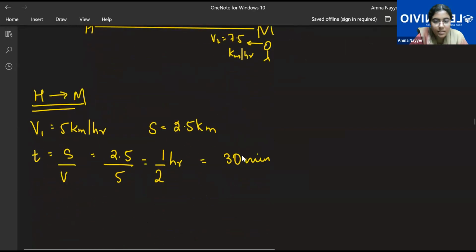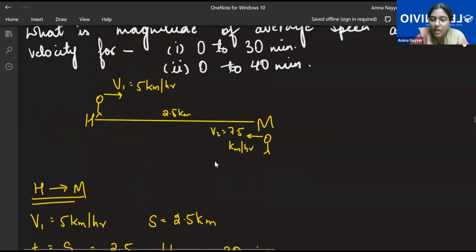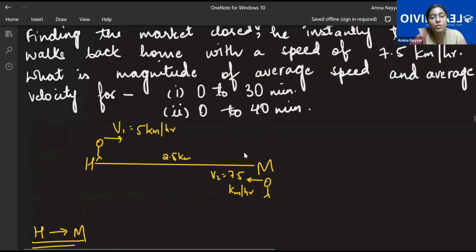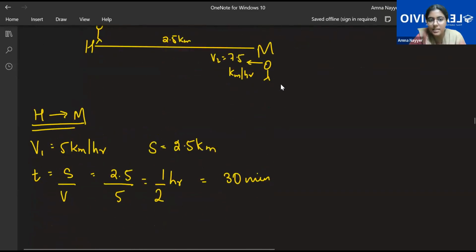Got it? 0 to 30 minutes. What did we do? We took the speed, we took the distance, we found how much time is taken by the person to come from home to the market with a speed of 5 kilometer per hour. We saw that it takes him 30 minutes. And the question says average speed and average velocity for this time only. That's what the first part says.